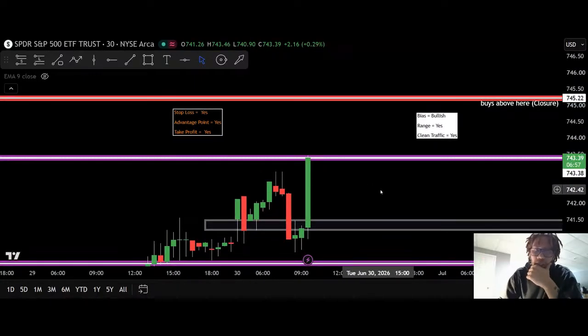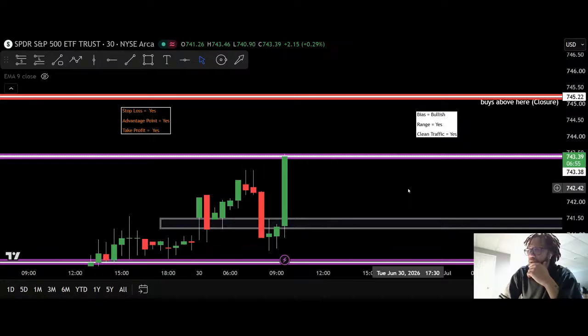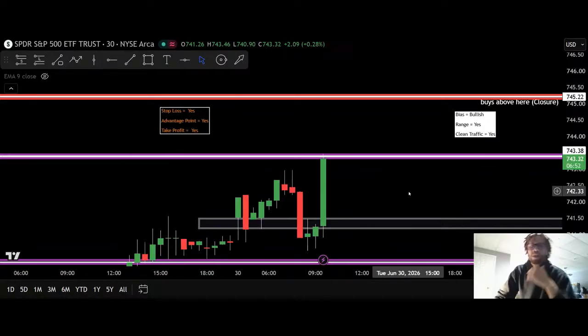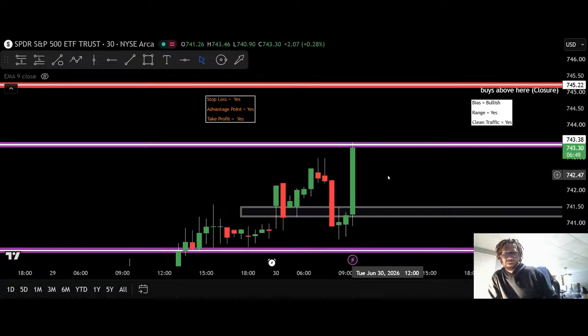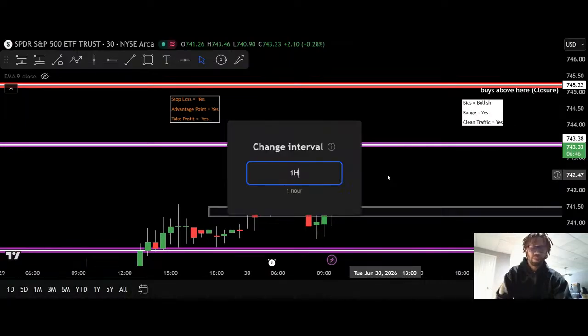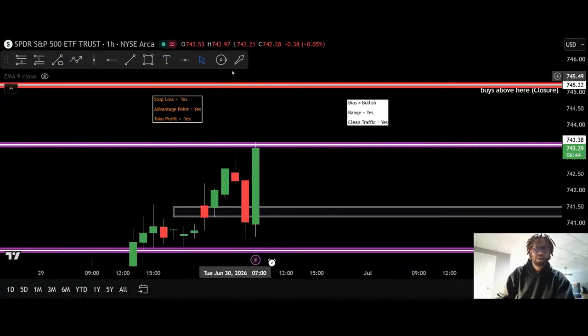All right, we got a little less than 7 minutes for this 30-minute candle to close. Okay, this candle, and then this bearish candle top wick for sure.